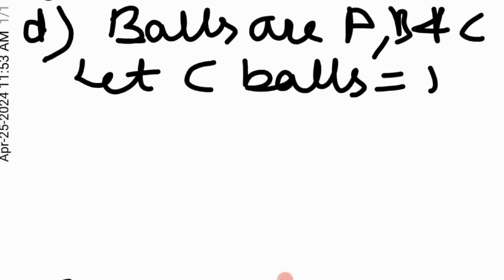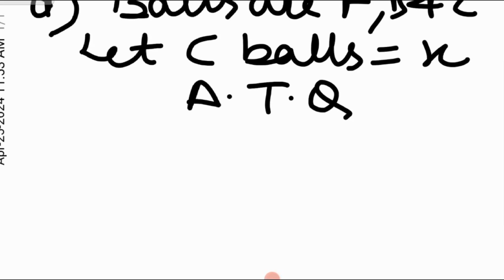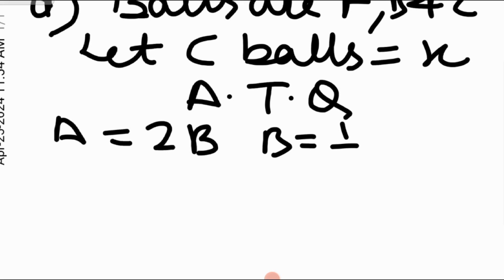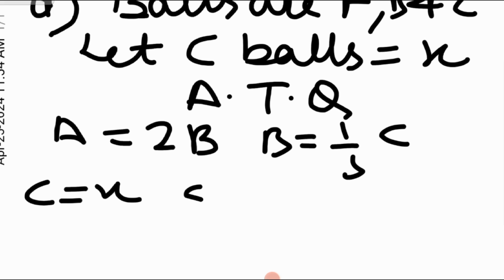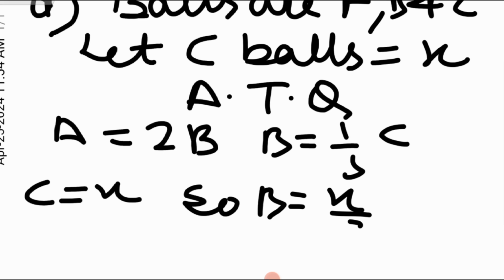Now according to the question, A is twice B and B is 1/3 of C. So if we are taking C is equal to X, then B is equal to X upon 3 and A is equal to 2X upon 3.